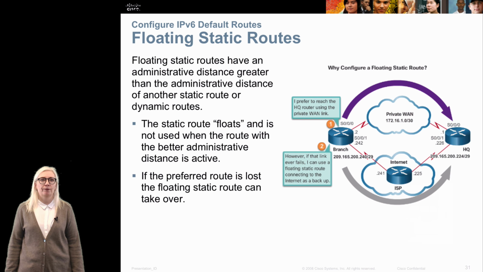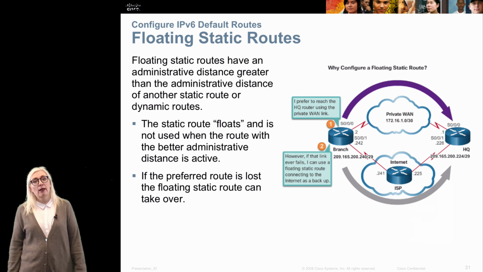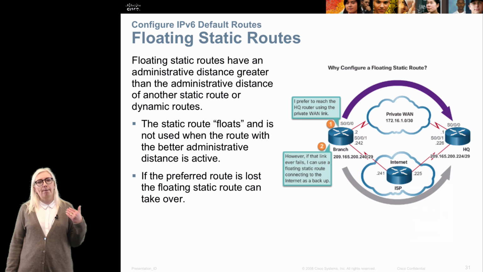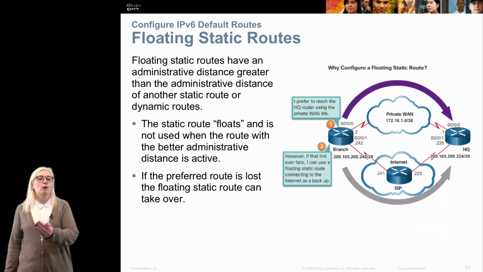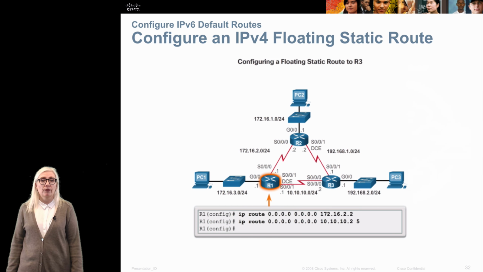If you want to configure the floating static routes, both in IP version 6 or in IP version 4, then we just need to set up the administrative distance again, and we need to make it larger than the one we want to be the preferred route.